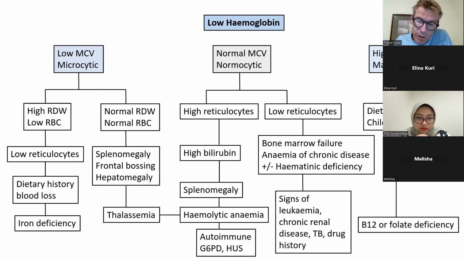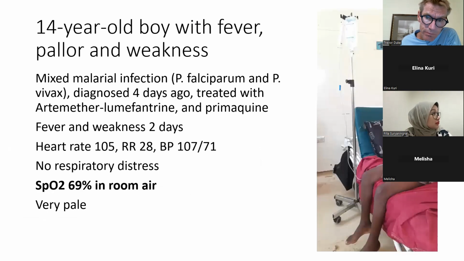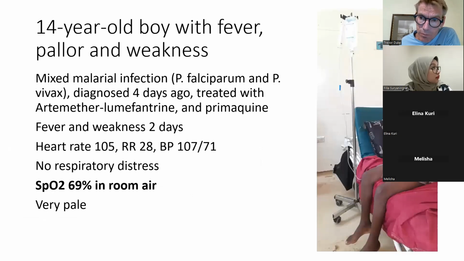Sometimes, of course, you need to do bone marrow aspirates, or measure folate levels or B12 levels, or other tests like a Coombs test. But you can get much closer to the cause of anemia by simply looking at all these parameters.